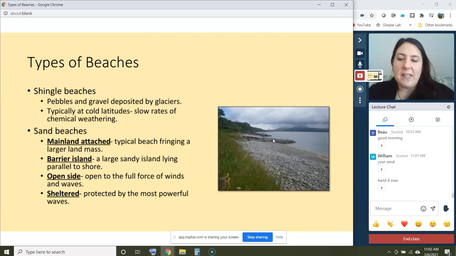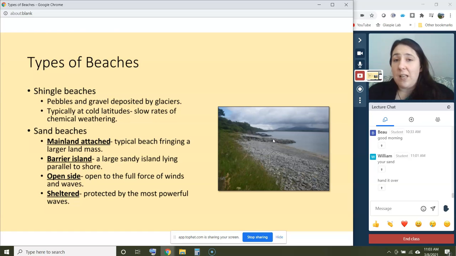One that is an open side beach, which is in relatively open water. It's open to the full force of winds and waves. And these can also be mainland attached beaches that are open to, for instance, the full force of waves from the Atlantic Ocean. And then you can have sheltered beaches that are protected from the most powerful waves.